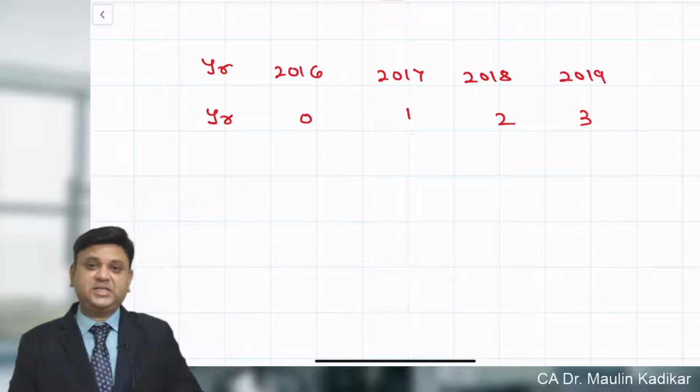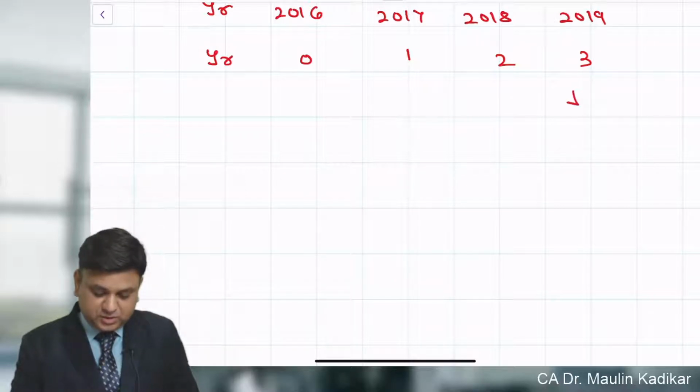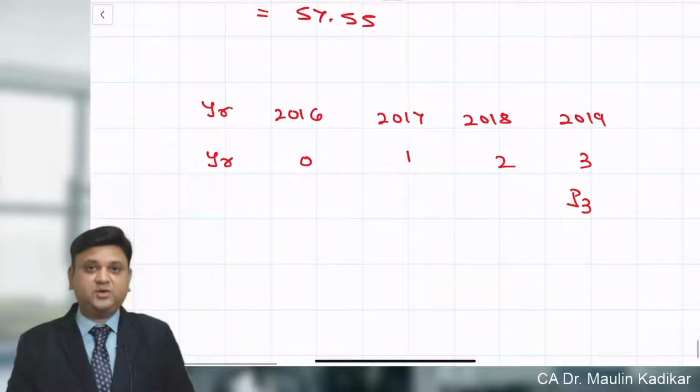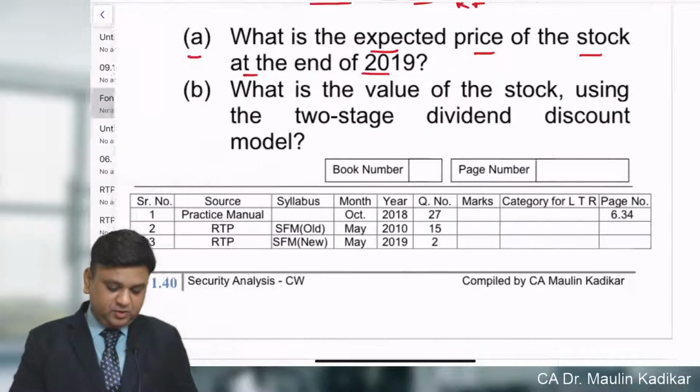The question says you are required to compute the price of the security at the end of year 2019, which means we are required to calculate P3. So in the first part of the question, we have to compute P3.